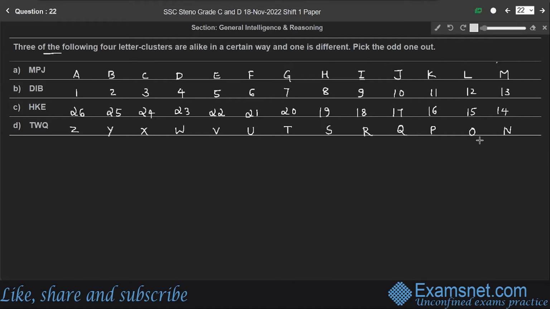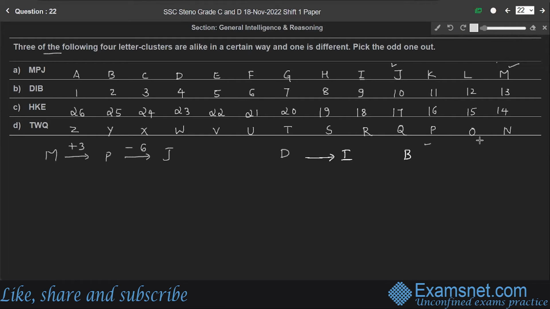Question 22. Three of the following four-letter clusters are alike in a certain way and one is different. Pick the odd one out. The first one is MPJ. The positional value of M is 13 and P is 16, so M plus 3 is P. J is 10, and P is 16, so P minus 6 is equal to J. The second cluster is DIB.